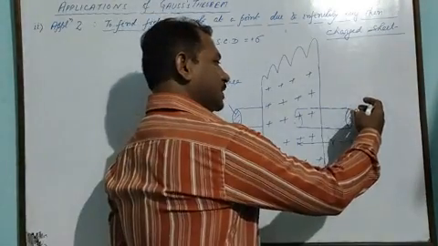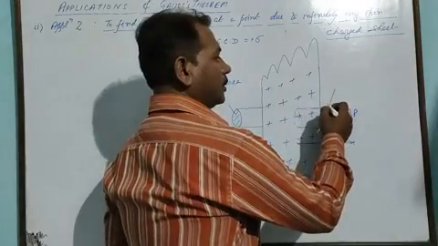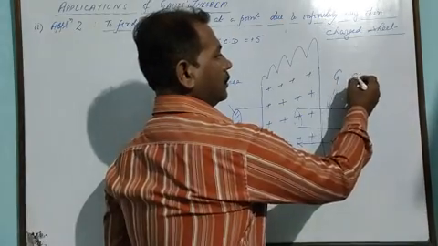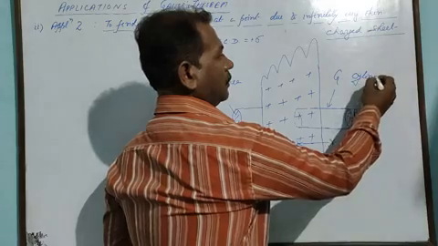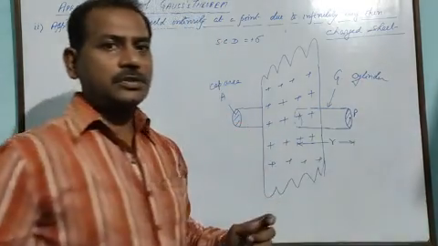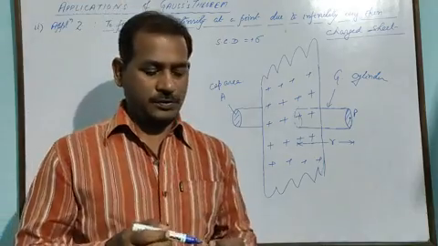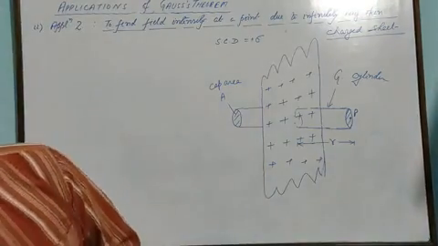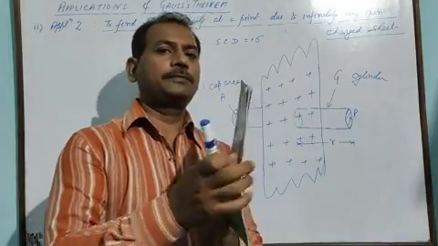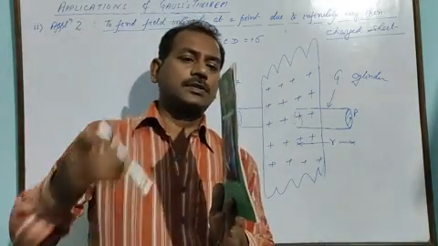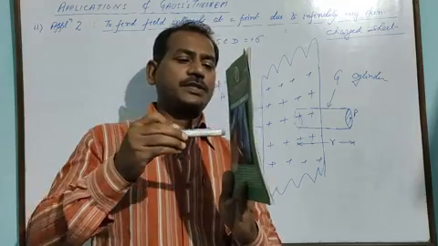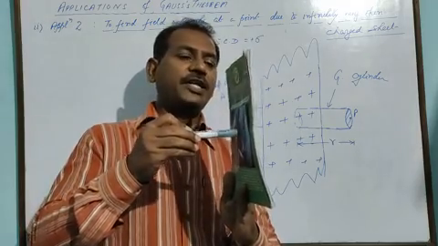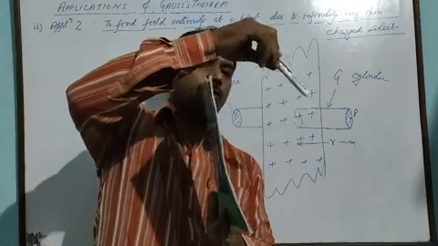This Gaussian cylinder that you have taken is actually penetrating the sheet, which means the Gaussian surface is penetrating through it and is coming out of it.